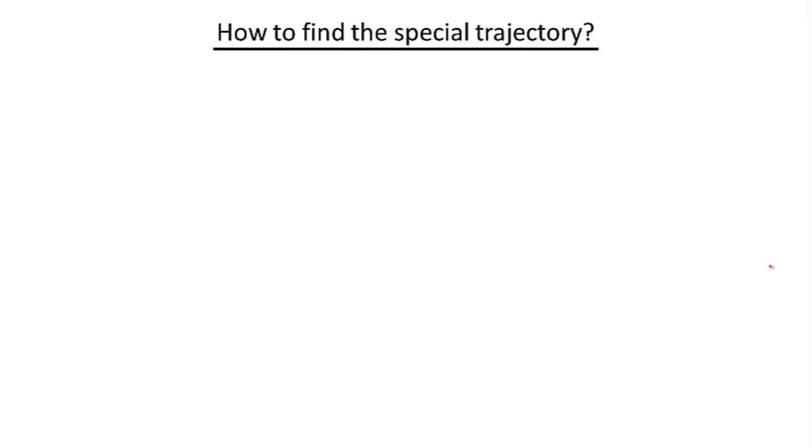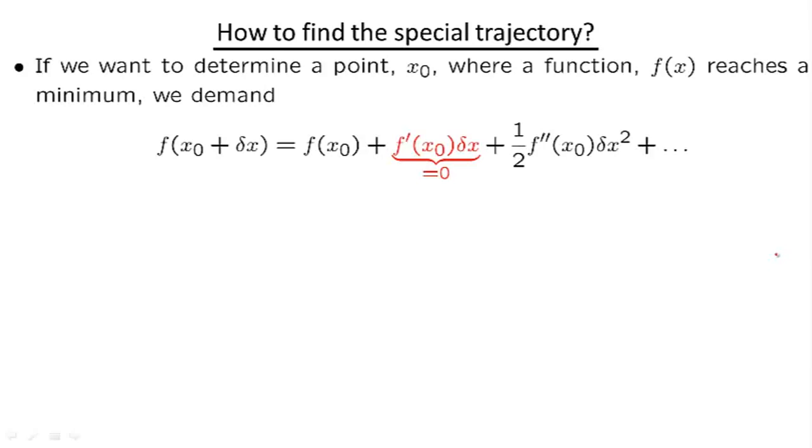We can motivate what is known as variational analysis by, again, a simple analogy using the usual functions. Suppose we have an arbitrary function f of x, which has a minimum, or maximum in principle, somewhere, but let's assume it's a minimum, and we want to determine the point where this minimum actually occurs. For this, I can again use the Taylor expansion for this function f in the vicinity of the point x0 that I'm trying to find.